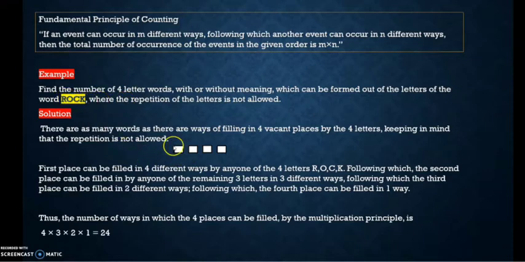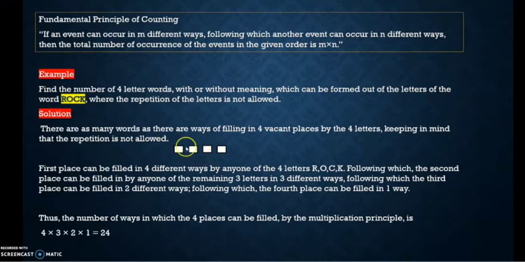This particular place can be chosen with any of these four letters. So if I take the first event to be choosing the first place, then there are four ways of occurring.